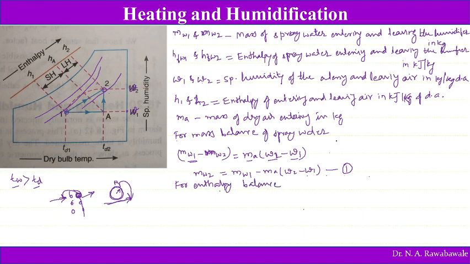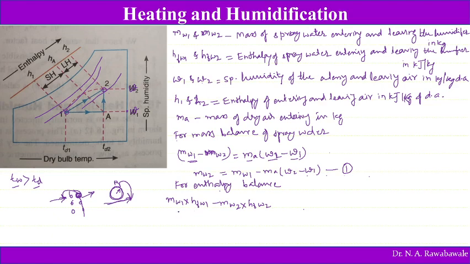Now for the enthalpy balance, what is this enthalpy balance? We have two things. One is the enthalpy of water entering, that is mass of water at inlet, MW1, into the specific enthalpy HFW1, minus the enthalpy of water leaving, that is MW2 into HFW2. So this is the enthalpy loss.